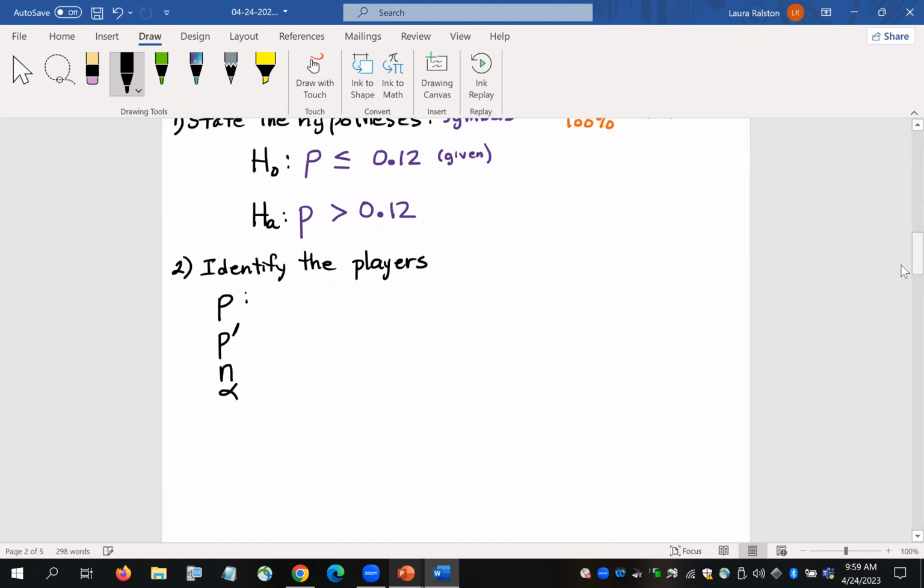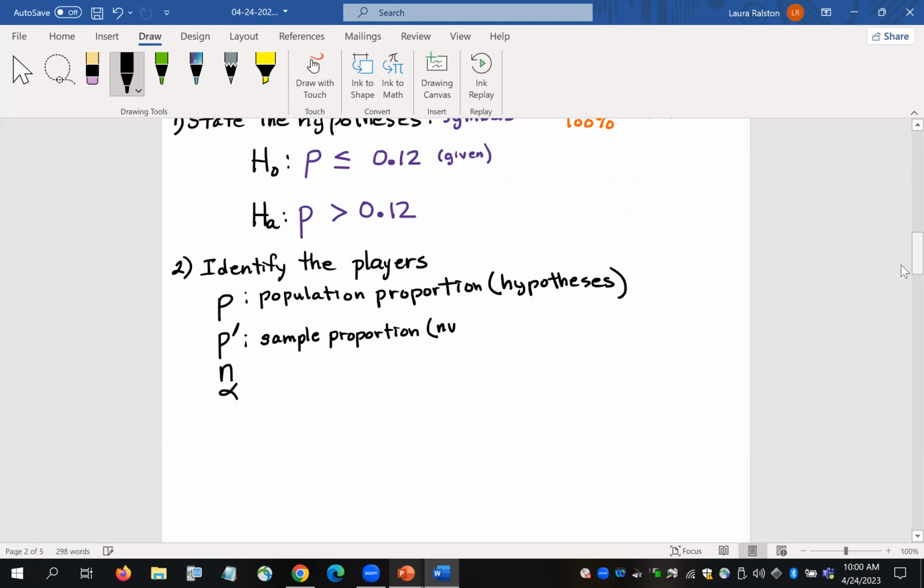P is the population proportion, and it's the value that's in your hypothesis. P prime is the sample. It's not really a proportion, but I'm going to write the word proportion.